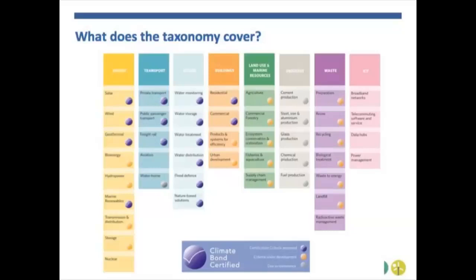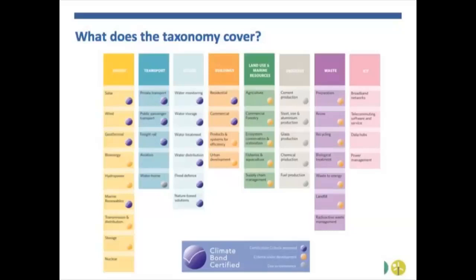So the taxonomy is split into broad sectors, and then underneath the broad sectors there's a detail on the types of assets and projects that we recognise as eligible for green financing. So in terms of sectors, we include energy, transport, water, buildings, land use and marine resources, industry, waste, and ICT.